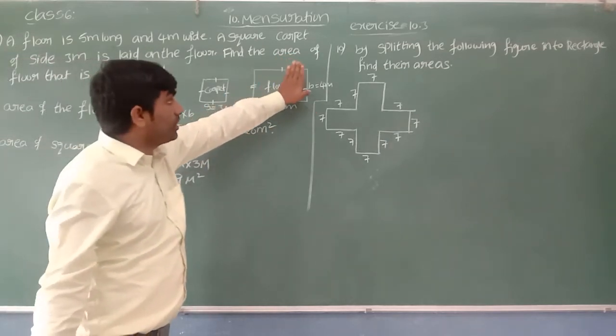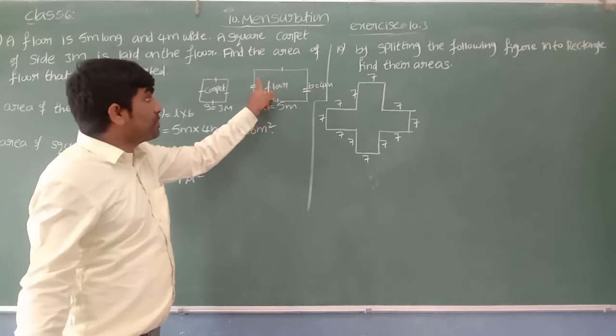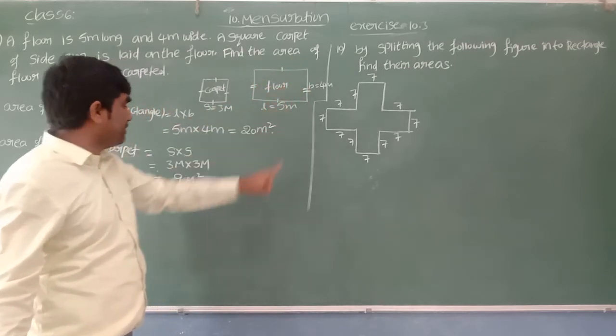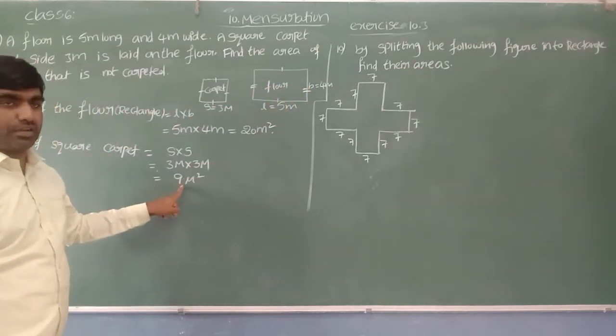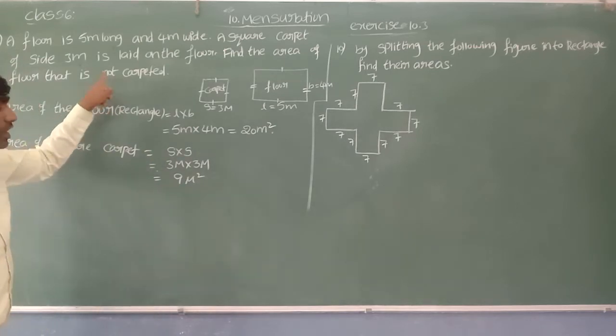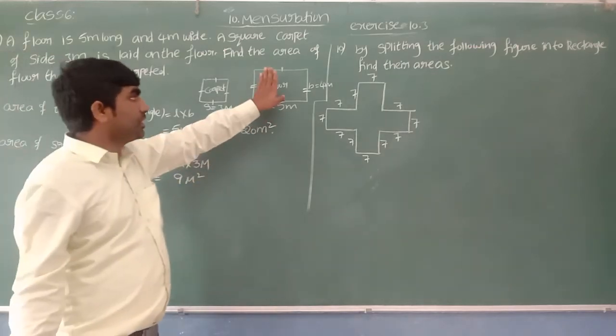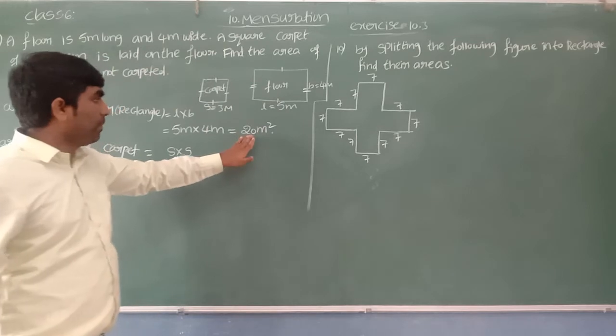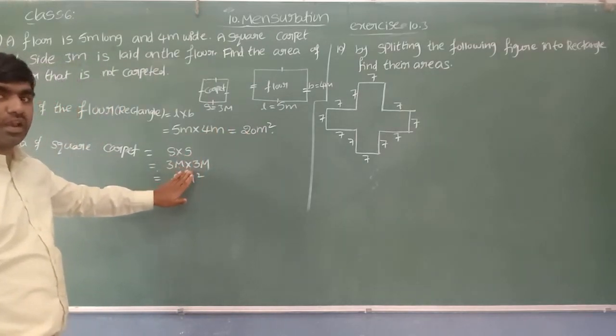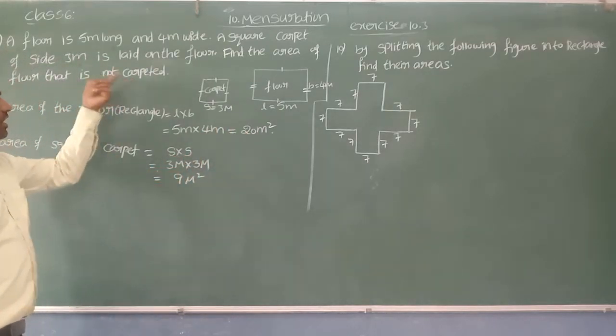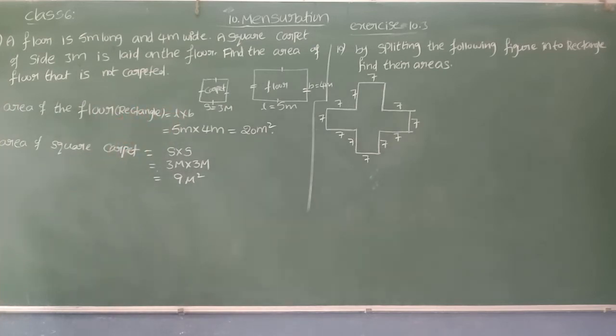So out of 20 square meters, how much place is covered with carpet? 9 square meters. So how much place is not covered with carpet? Total area 20 minus area of the carpet 9 gives the area of the floor which is not covered with carpet.